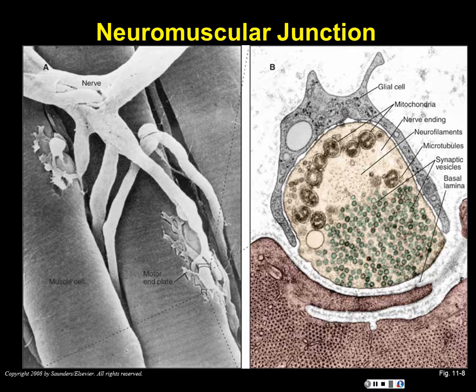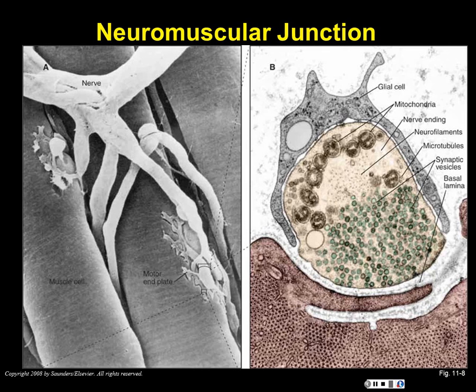The image on the right is a transmission electron microscope image that's been colored, so we can see better what's going on. The top panel, what is this area? It's the axon terminal.